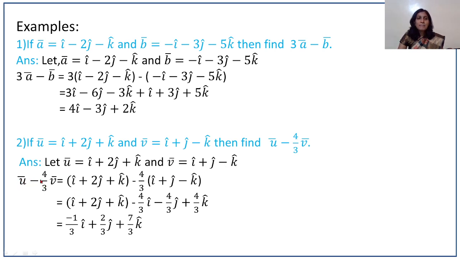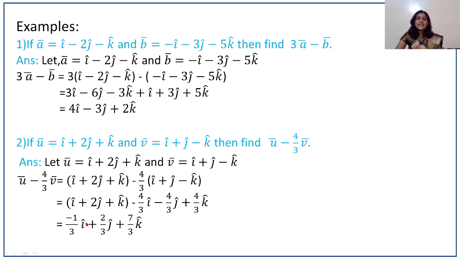Then U bar minus 4 by 3 V bar is equal to U bar as it is minus 4 by 3 V bar as it is. If we multiply minus 4 by 3 to this bracket, we will get minus 4 by 3 I cap minus 4 by 3 J cap plus 4 by 3 K cap.